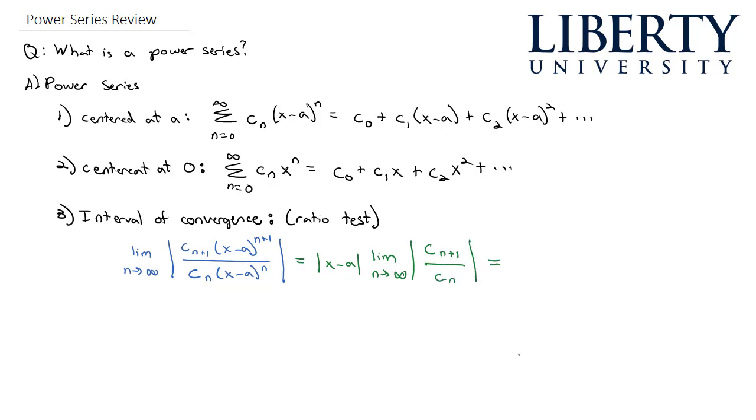And we would say that is equal to L. And it turns out that this power series converges if L is less than 1. If that limit is less than 1, it will ultimately converge to some finite value.